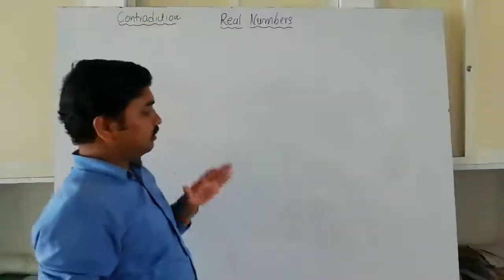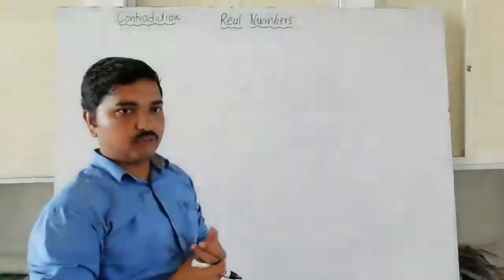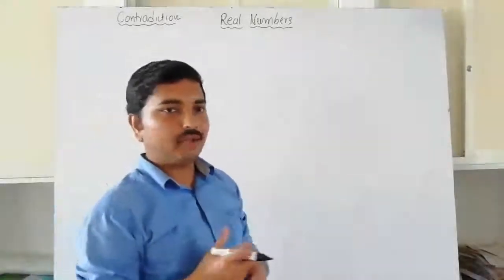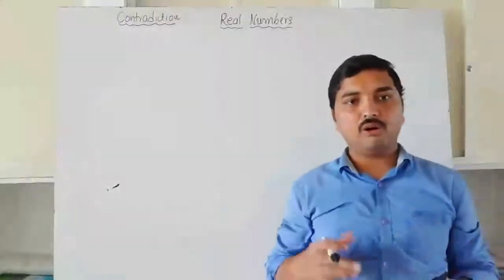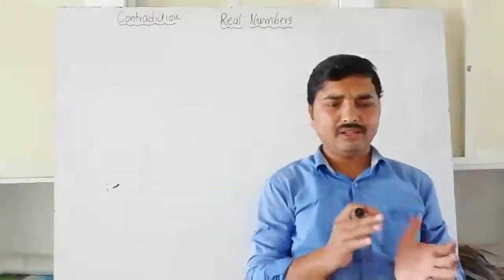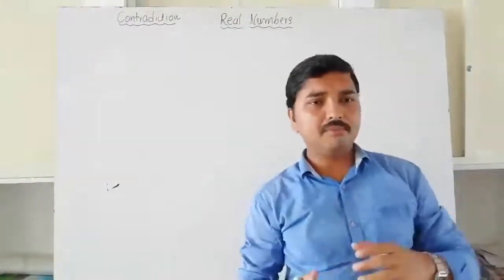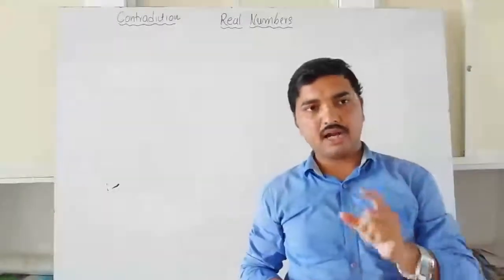Now in the second type of problems, a number will be given to you. It will be a sum of a rational and irrational number, or a difference of a rational and irrational number.